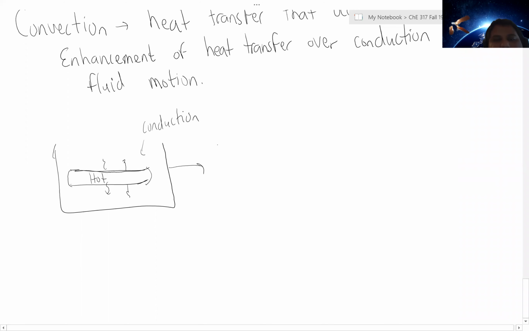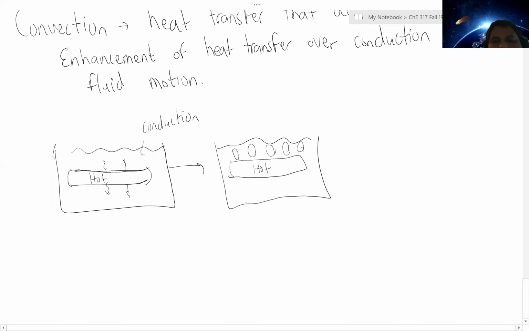But over time, a couple things can happen. As that cools, you can have natural currents that exist as fluid rises and falls around that rod. We call this natural convection, or it's essentially the emergence of fluid flow due to temperature gradients.